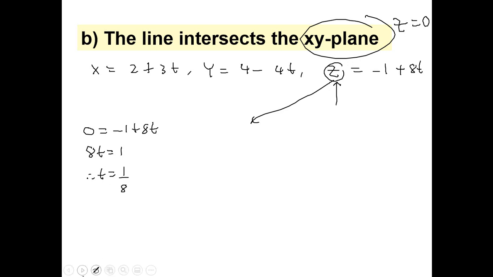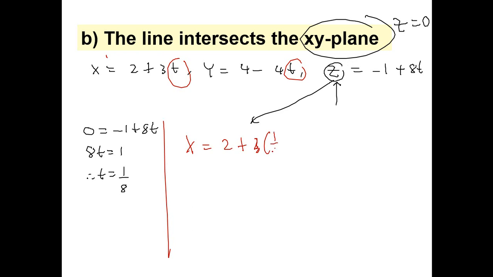Then substitute the value of t into the x and y equations. x is equal to 2 plus 3 times 1 over 8, which is 19 over 8. For y, 4 minus 4 times 1 over 8 is equal to 7 over 2.